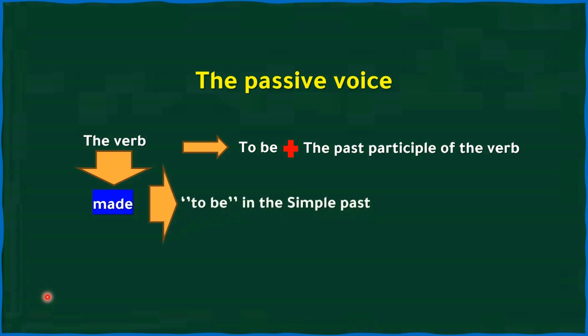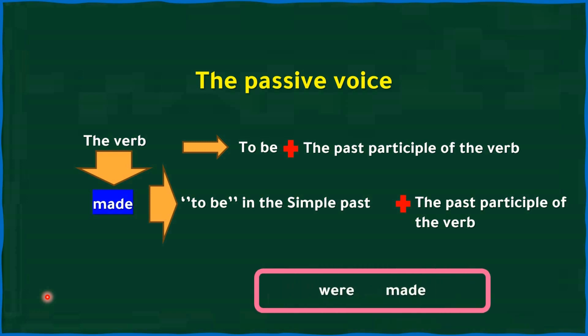To be in the simple past is were, plus the past participle of the verb to make, which is made. The form is were made. Were is to be in the simple past, and made is the past participle of the verb to make.